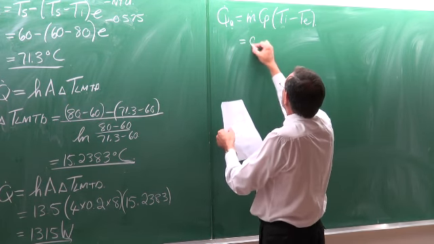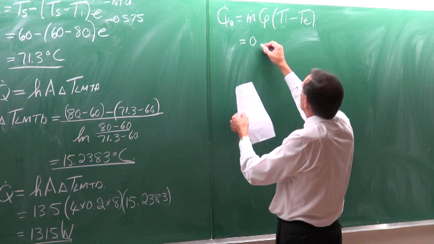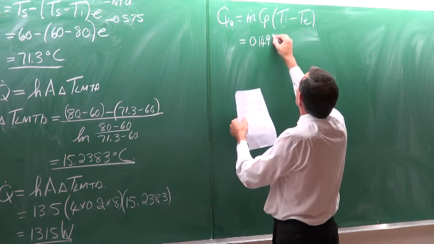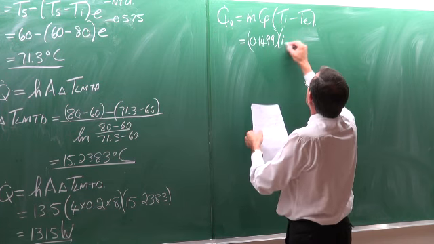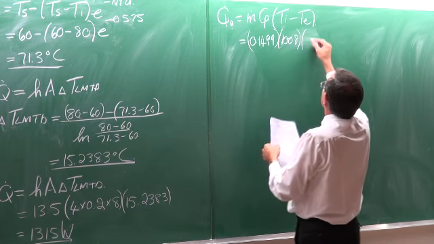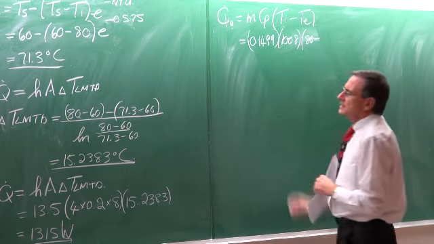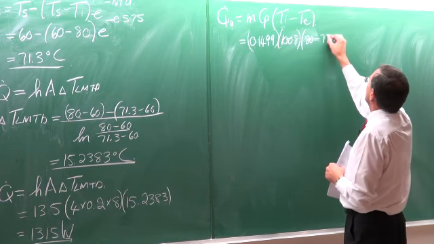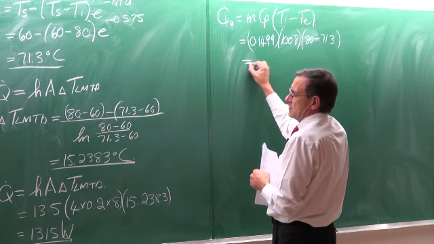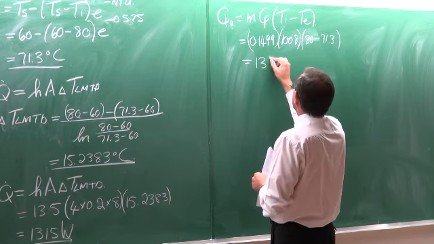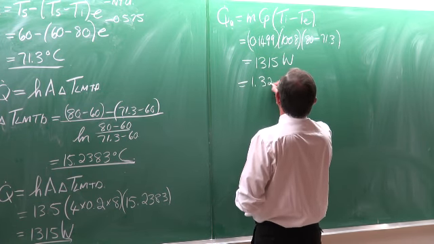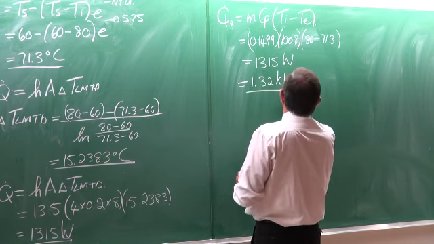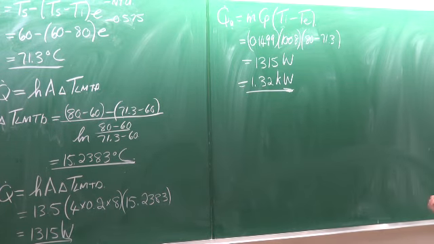So the mass flow rate of the air is equal to 0.1499 multiplied by Cp, which is 1008, multiplied by the inlet temperature of 80 minus the outlet temperature of 71.3. So that also gives us a heat transfer rate of 1,315 watts or 1.3 kilowatts. So that is the heat transfer rate from the tube.